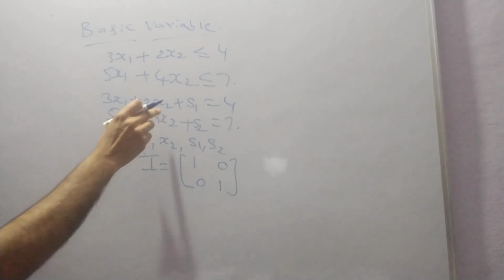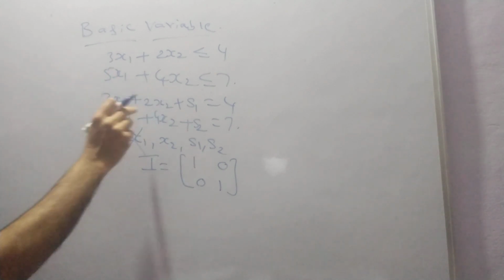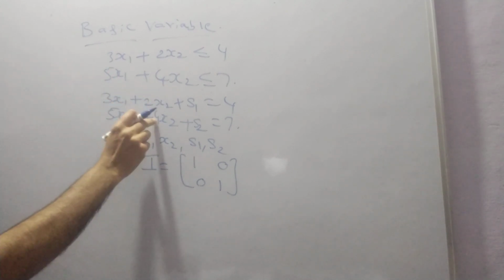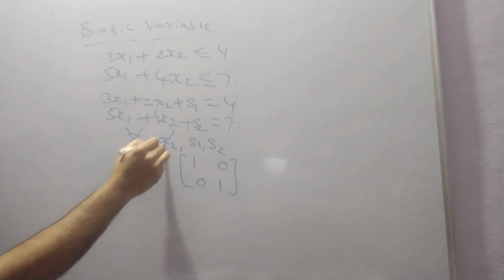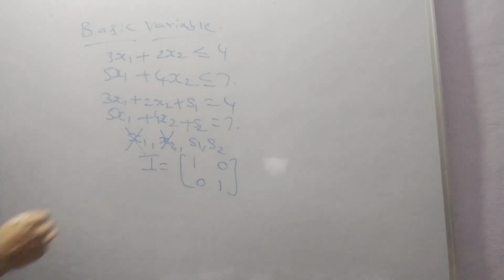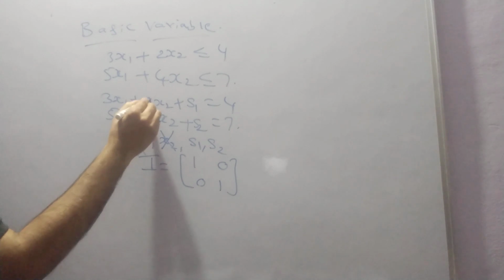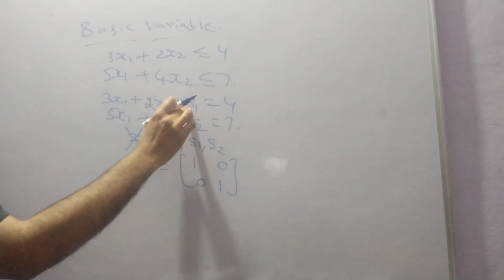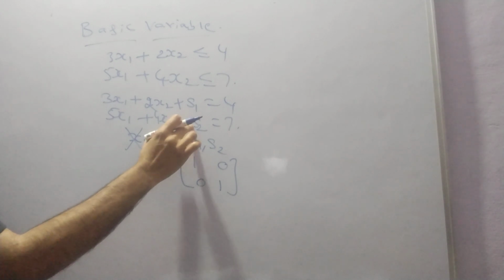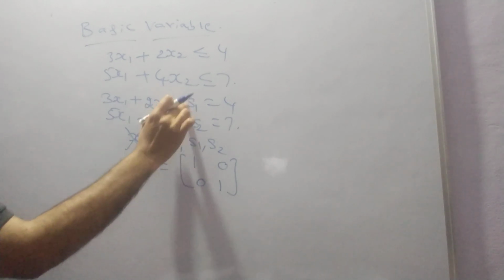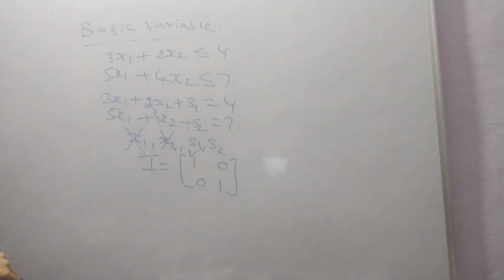Next go for x2. x2 coefficients are 2 and 4. 2 and 4 again do not satisfy the first column or second column. So x2 is not a basic variable. Next s1: coefficients are 1 and 0, since s1 is not in the second equation. 1 and 0 satisfies the first column of the I matrix.